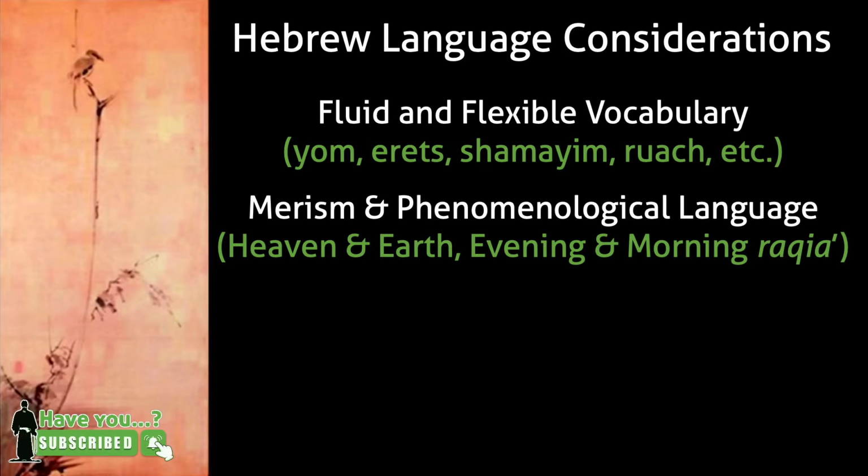So Hebrew has these same concepts, and we need to be aware when something is being used as a figure of speech, as a merism, or if it's technical, specific language. The same goes for phenomenological language. Phenomenological language is describing something as it appears to a typical observer in ordinary everyday language, not describing it as it scientifically or philosophically is at the foundational level. So the example in English that comes to mind would be the phrase sunset or sunrise.